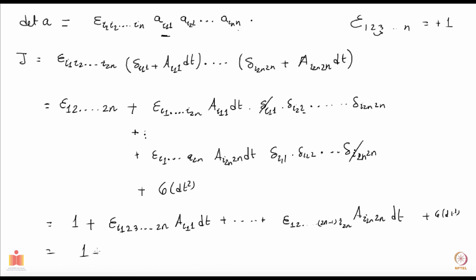So it is 1 plus a11 dt, next one will be a22 dt, and similarly a_{2n 2n} dt. So you have the trace of A times dt.